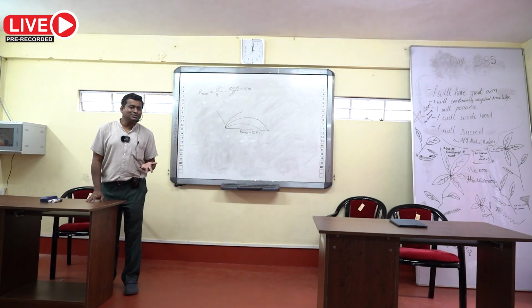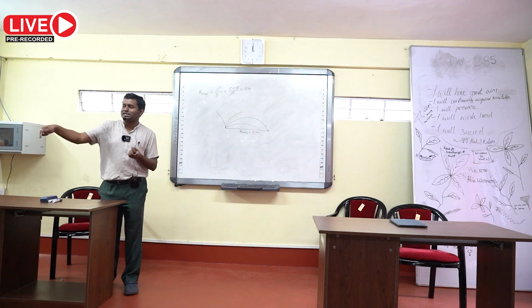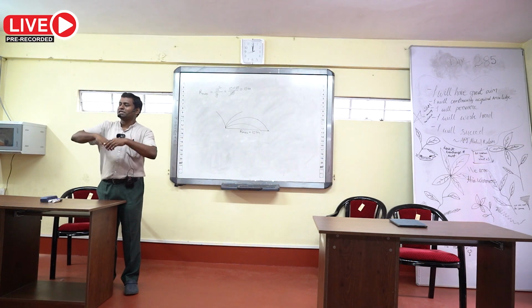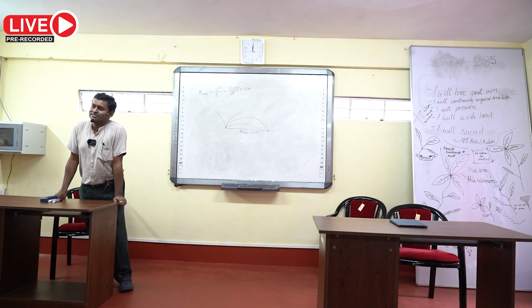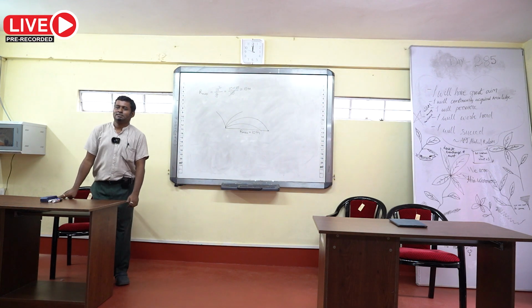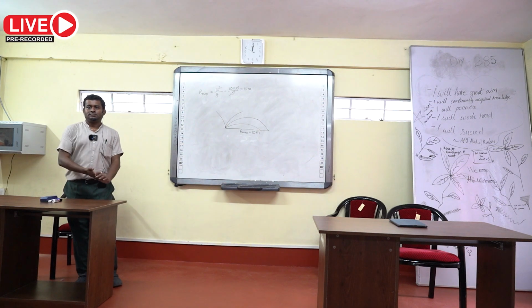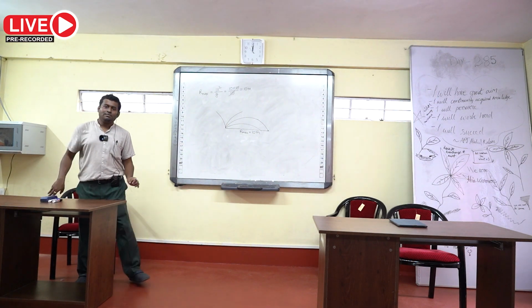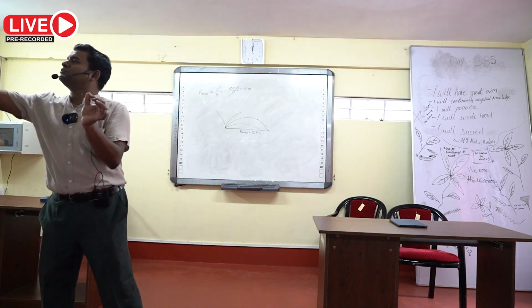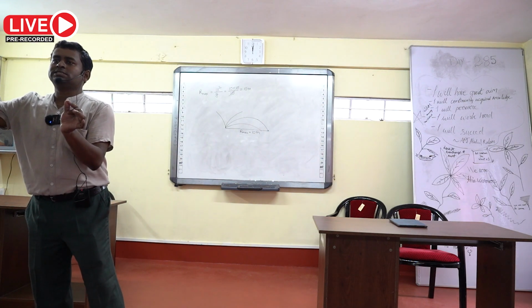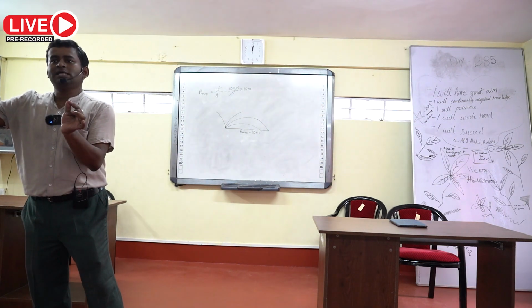Pi r square. So pi into R max is the radius, and then calculate pi r square, the maximum area in which this water can reach. Because in a particular direction, it can reach up to a maximum range of 10 meter.